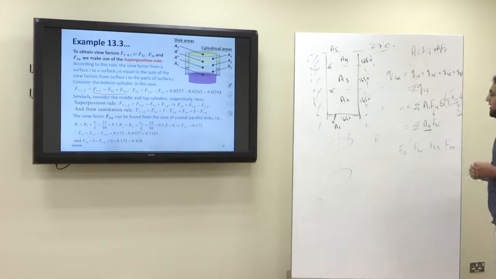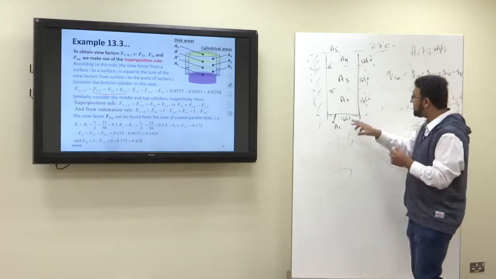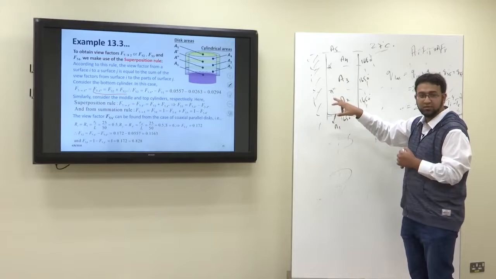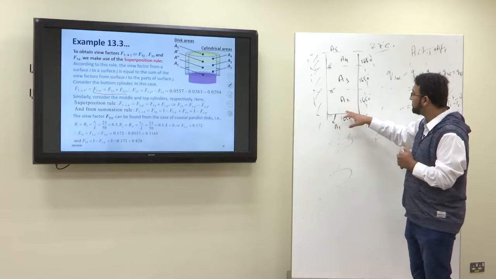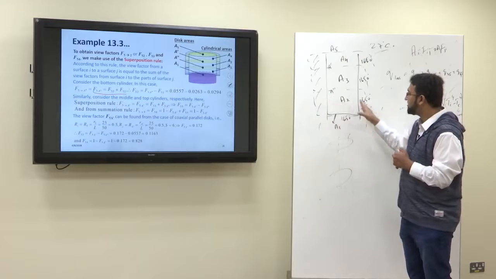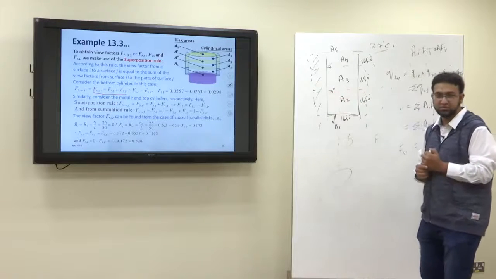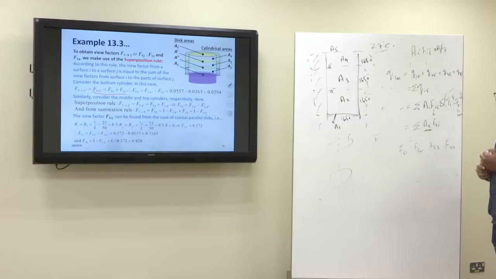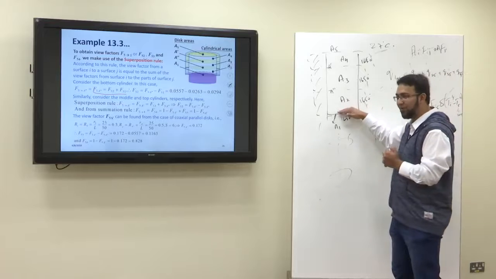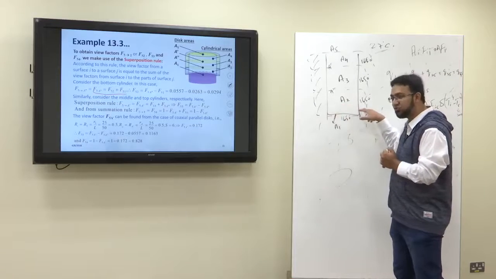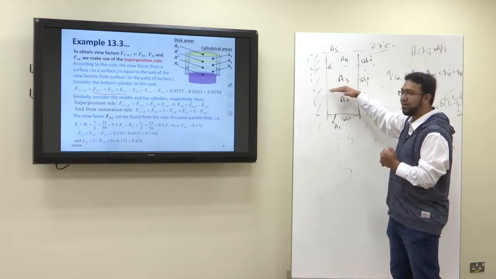The amount of energy leaving 1 is equal to the amount of energy reaching 2 plus the imaginary surface A double dash.